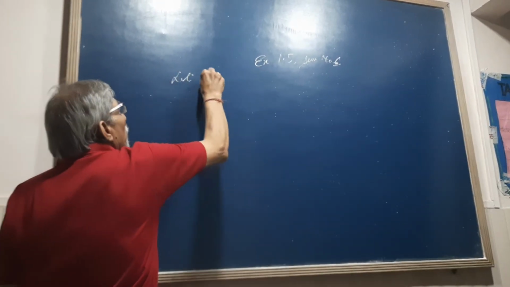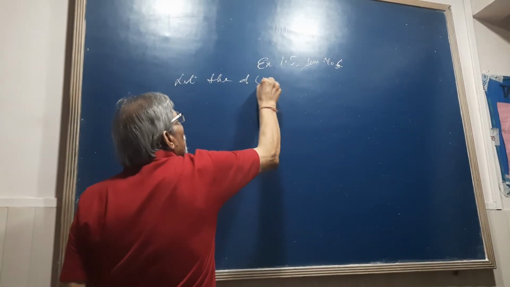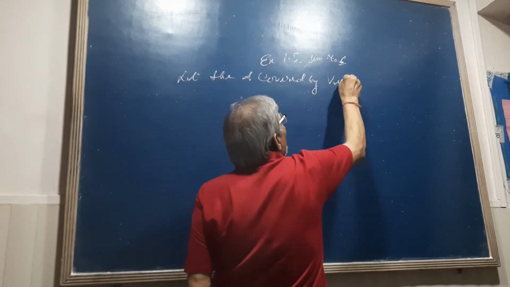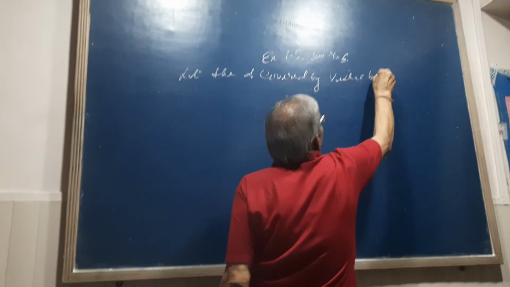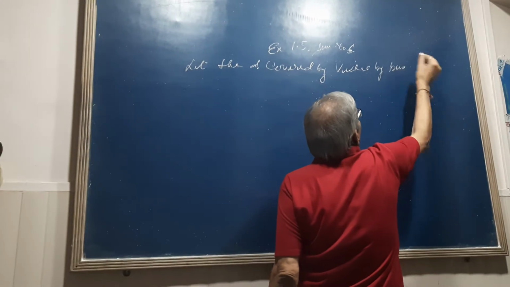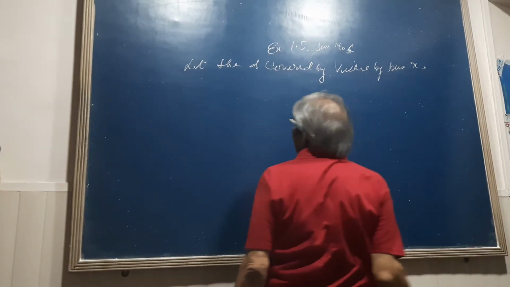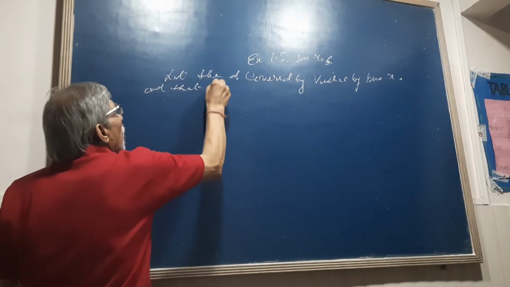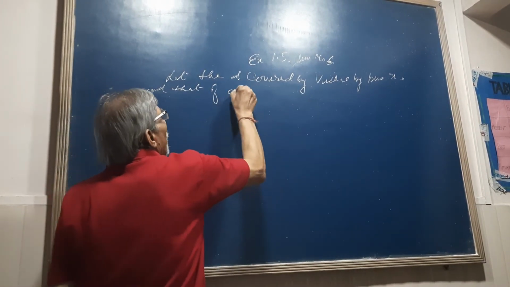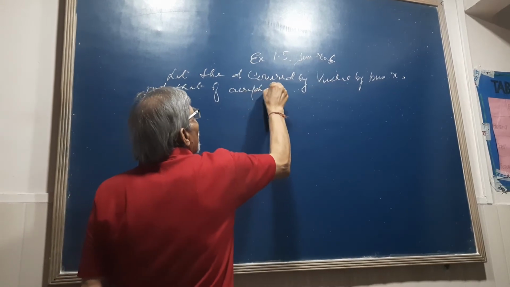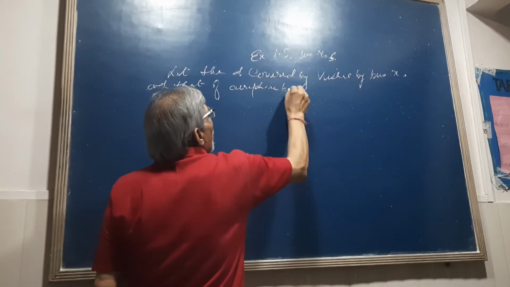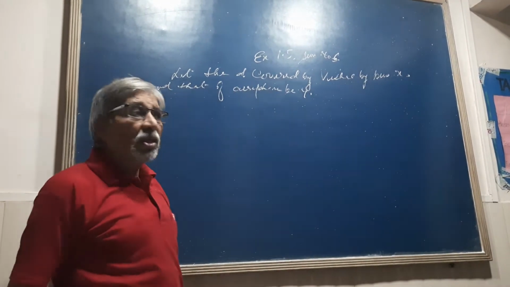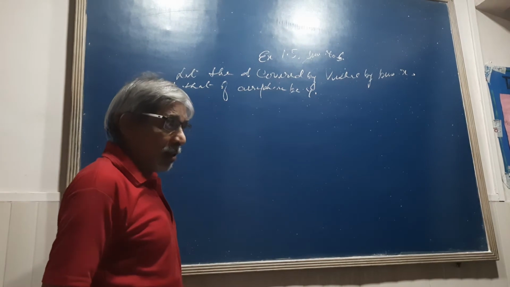Let the distance covered by Vishal by bus be X, and that by aeroplane be Y. So total distance is 1900.